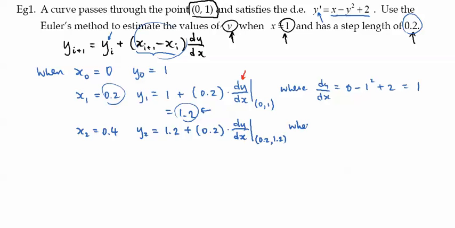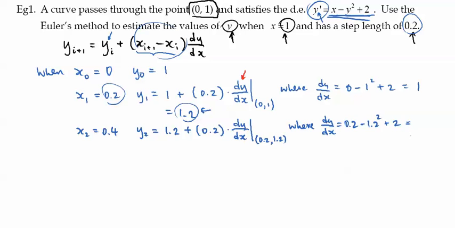And now once again, as you substitute these two values into dy dx, we have x minus y squared plus 2.